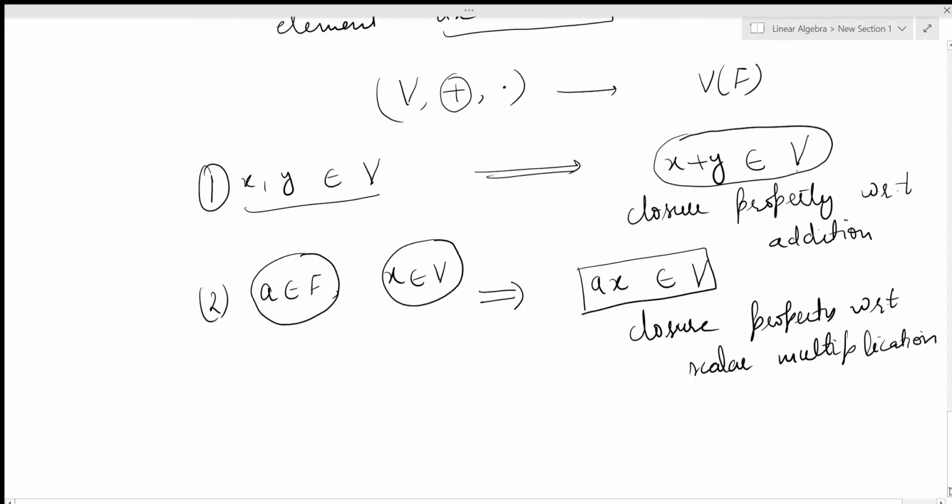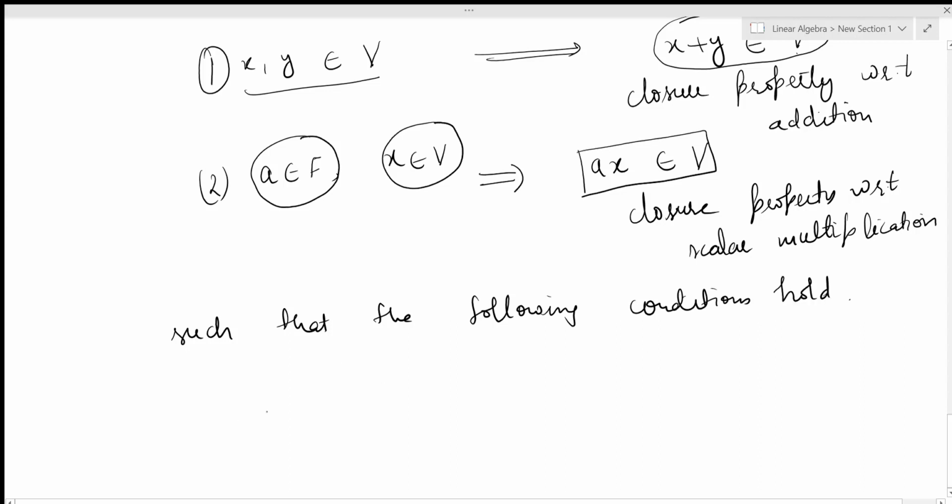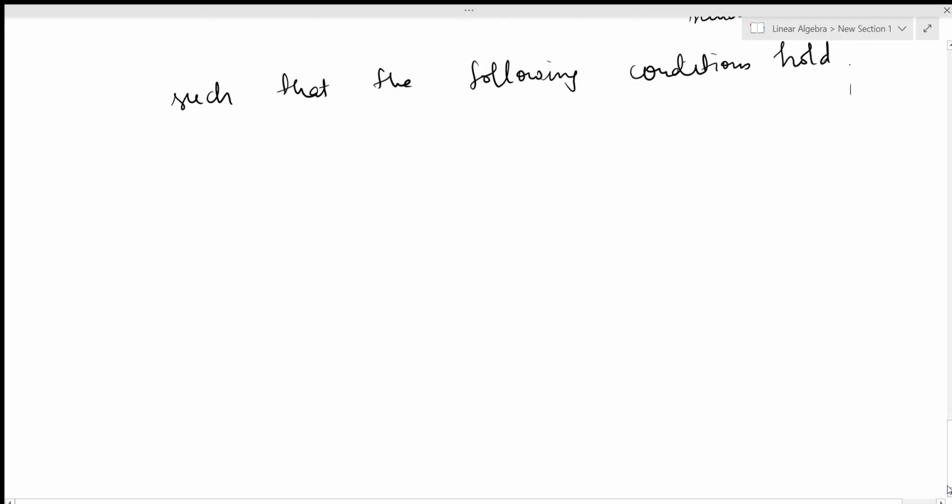So if there is any set with two operations that satisfies these two, and such that the following conditions hold, then only can we say that V is a vector space. So what are those conditions?